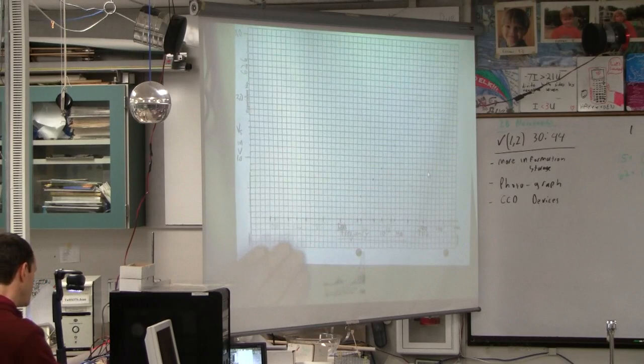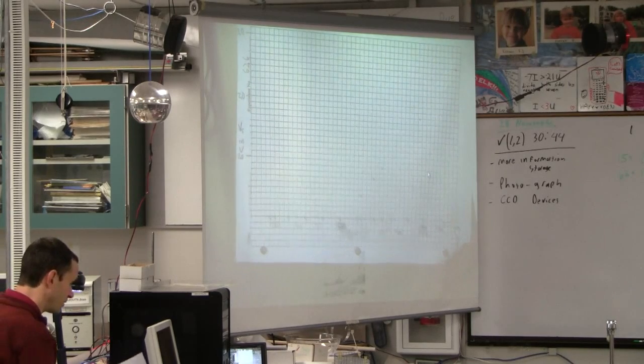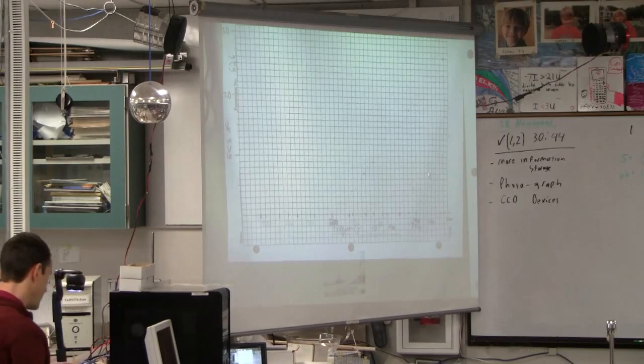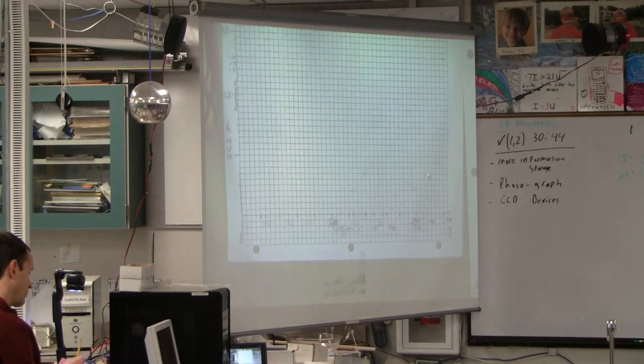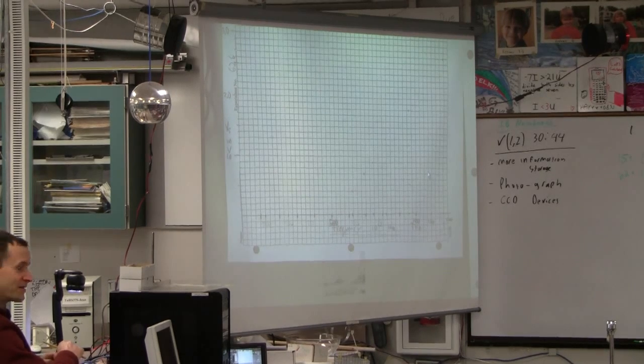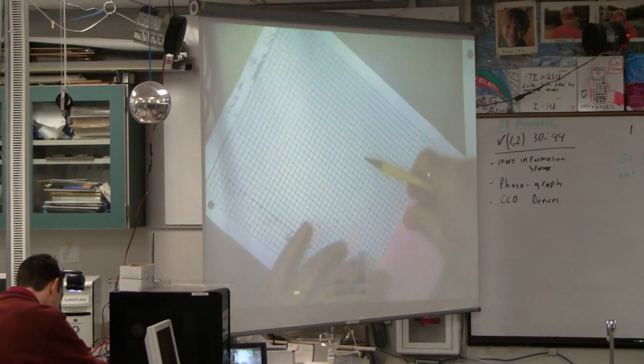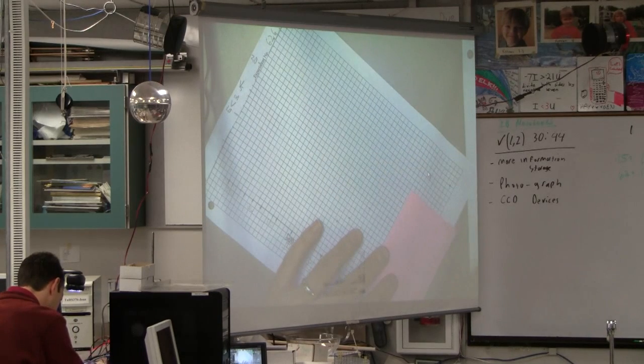Now, what we can do, there's several things we can do, but first we should put our little error bars on, shouldn't we? Yeah? And notice that the error bars are 0.2 volts, right? To be sure, Millikan's uncertainty was far less than that. I exaggerated the error so that we could draw this thing, right? Okay, so here we go. Remember that this is the key to error bars.